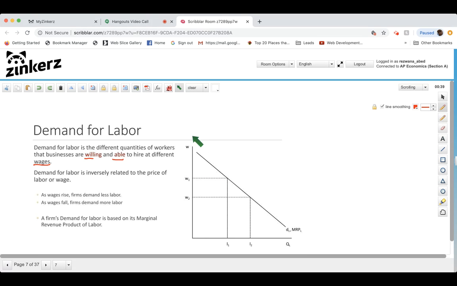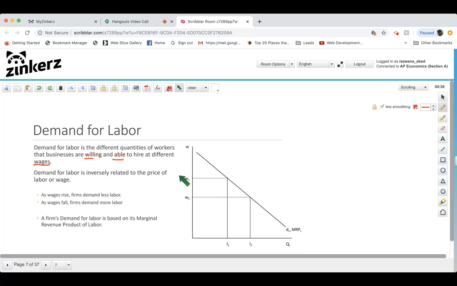We have wage on the vertical axis and quantity of labor on the horizontal axis, and this graph shows at each wage how many workers businesses are willing and able to hire. The demand curve for labor is downward sloping, inversely related to the price of labor, or wage.